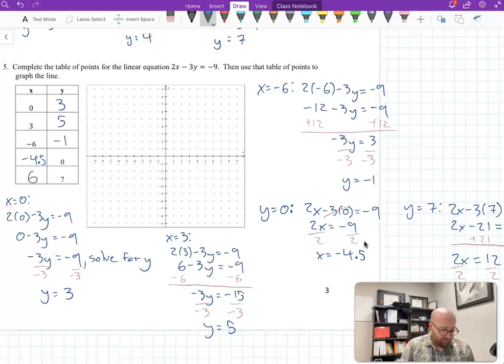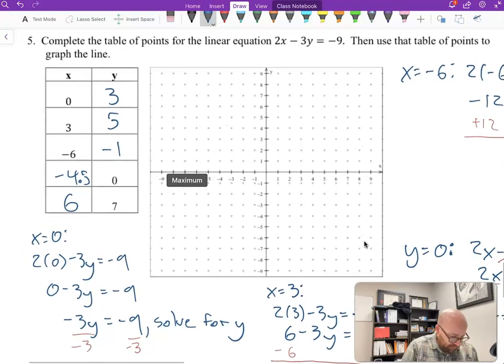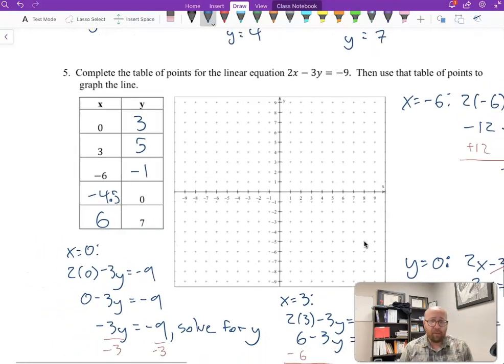Alright, so let's look at our points and start plotting them on our coordinate plane. We have 0, 3. So x is 0, y is 3. We have 3, 5. x is 3, y is 5.